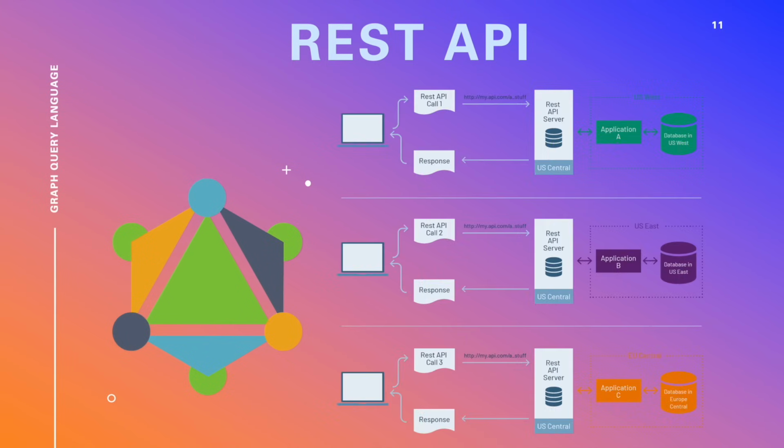Let's see one more example. Say for example you have databases in different zones in US, like database in US West, database in US East, database in Europe Central. So you have different geographical locations as well. And you can see that they report to REST API servers in US Central, here also US Central and US Central. What's the GraphQL approach here?